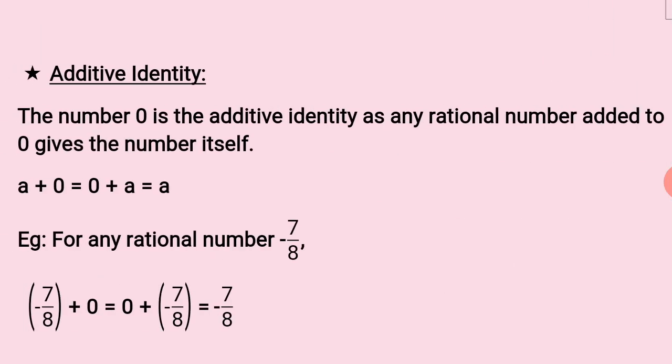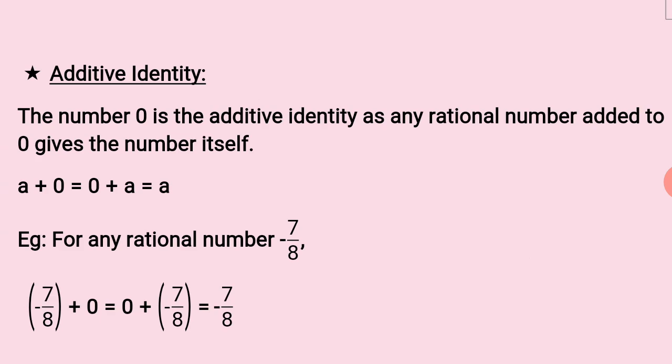Next, additive identity. So there is a difference. That last one was additive inverse. This is additive identity. Identity is something that is same. So a number which when added to the given number gives the same number as the answer is known as additive identity.